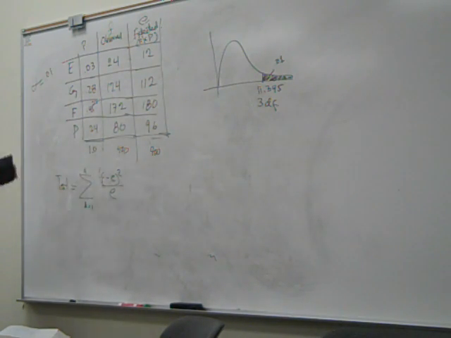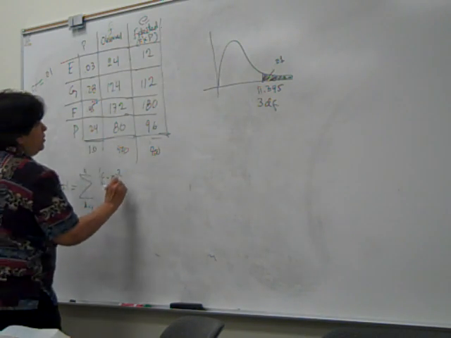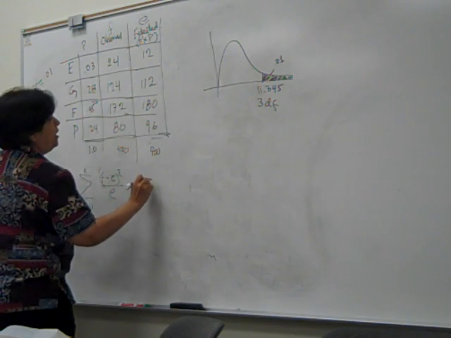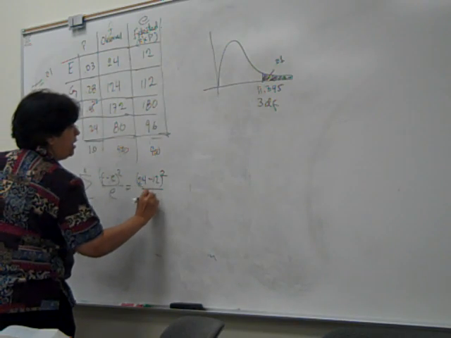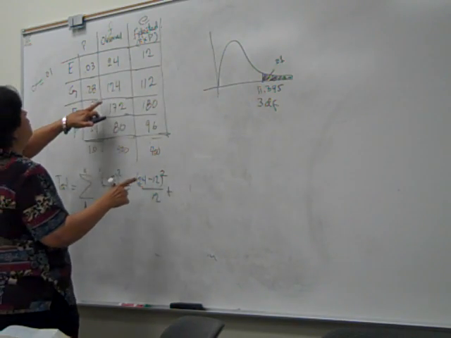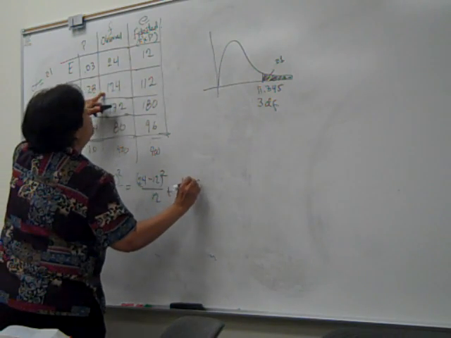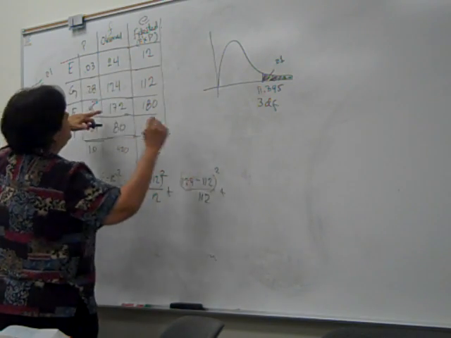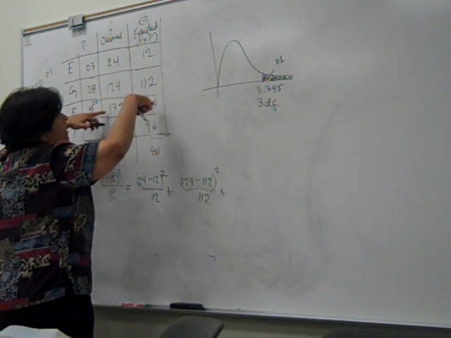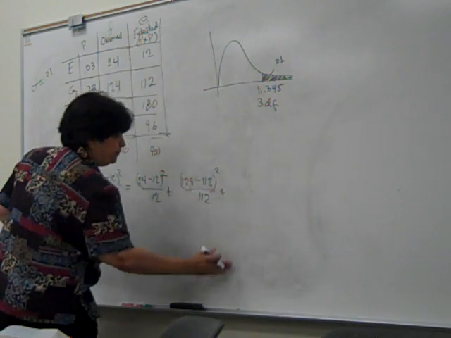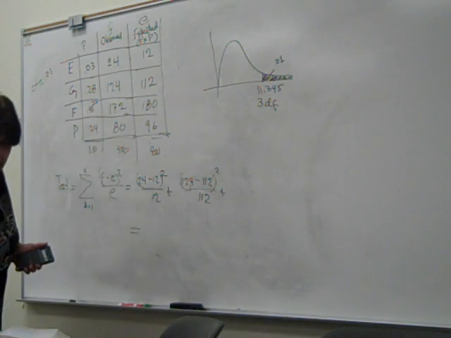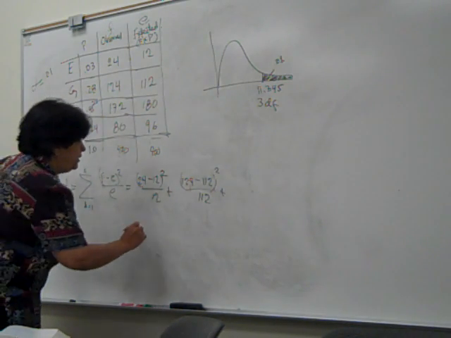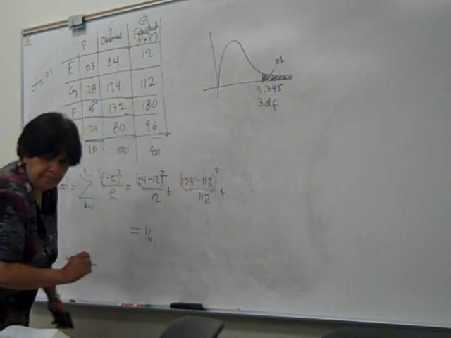What we need to do is just the math. I'm going to do just a few: 24 minus 12 squared divided by 12, plus 124 minus 112 squared divided by 112, plus 172 minus 180 squared divided by 180, and so on. I already did this, and it is equal to 16.31.